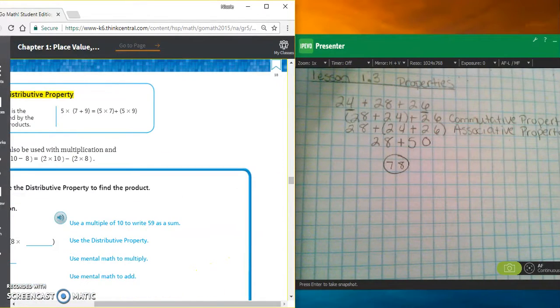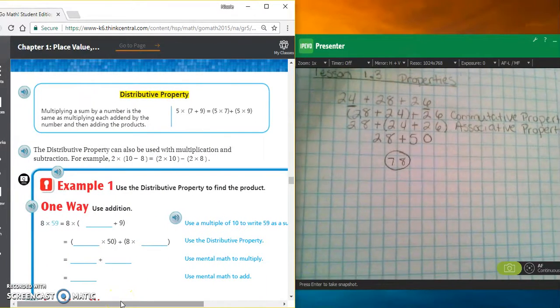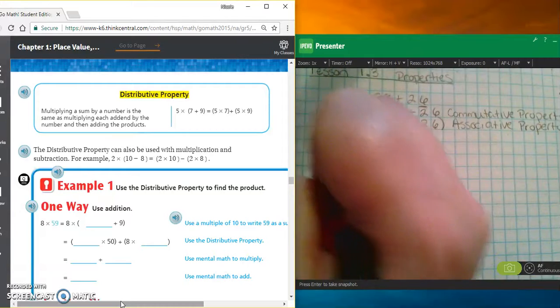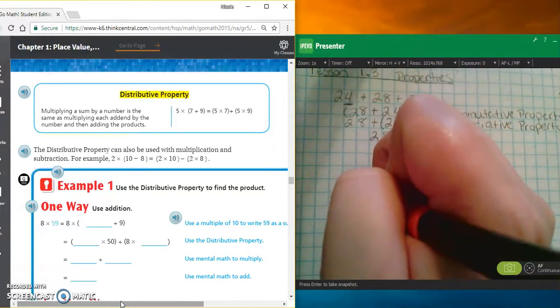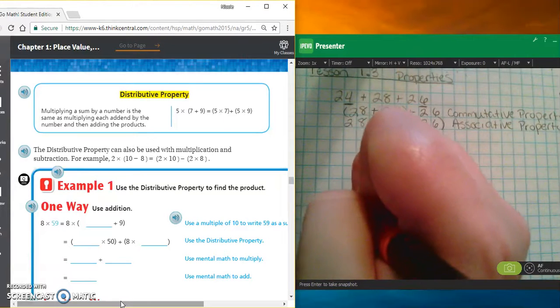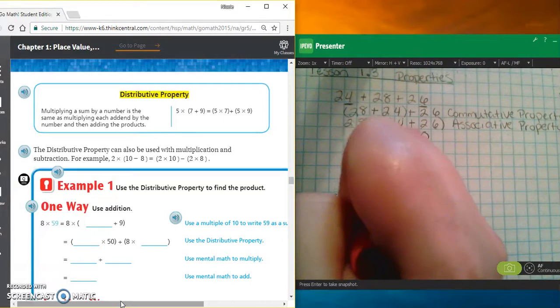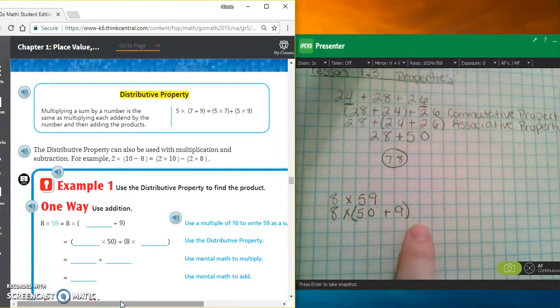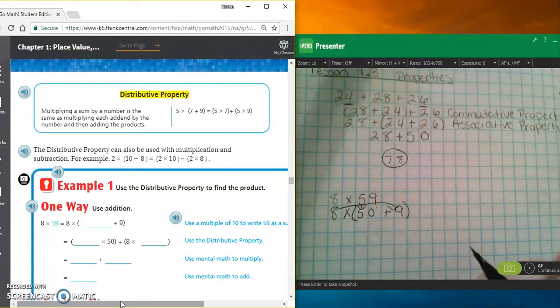So if we have the problem that's stated here, 8 times 59, we can then break apart this 59 to be 50 plus 9. Two numbers that are a little easier to multiply by. Then we distribute the 8 to each number.